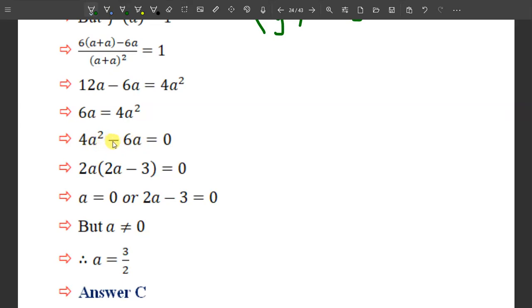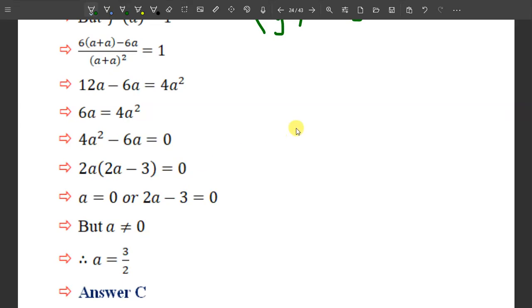Therefore, 4a squared minus 6a is equal to 0. Then common out 2a from this expression. If we common out 2a, what is left here is 2a minus 3, because when 2a is multiplied by 2a, it becomes 4a squared, and when 2a is multiplied by minus 3, it becomes minus 6a. This result is equal to 0.